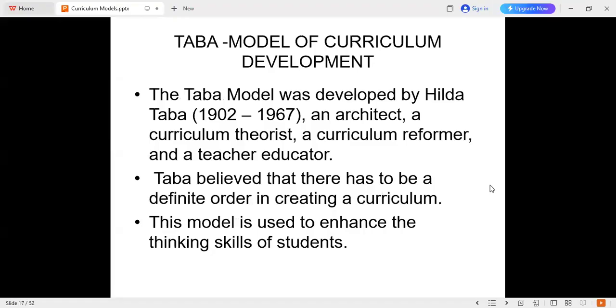That is number one. Model number one we studied is Taylor's model, the four steps, its strengths and weaknesses, or merits and demerits. Right. Any more questions?